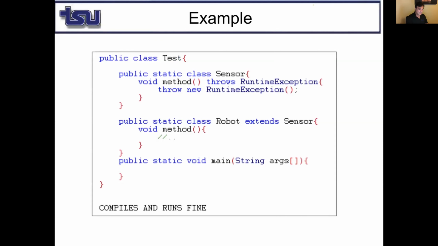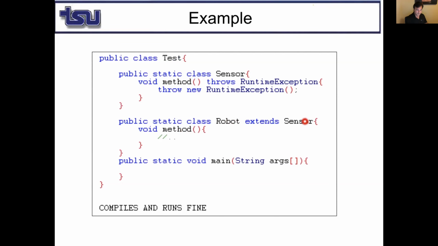Okay, let's see, we have class test. I have a static nested class, and I have another static nested class that extends this one. So robot extends sensor. And recall the exception handling. This is the superclass method, and this is the subclass method.